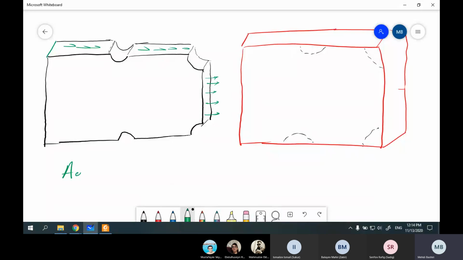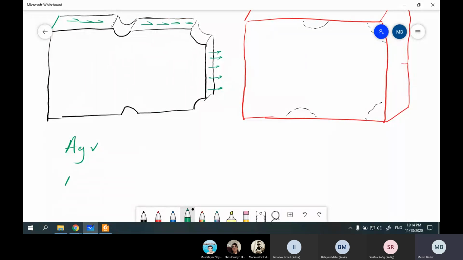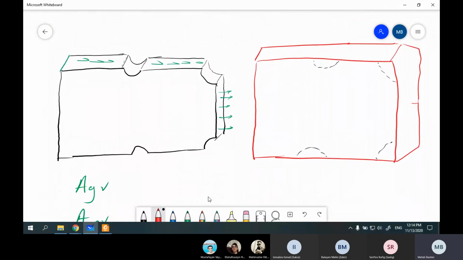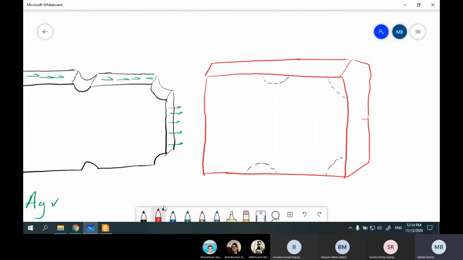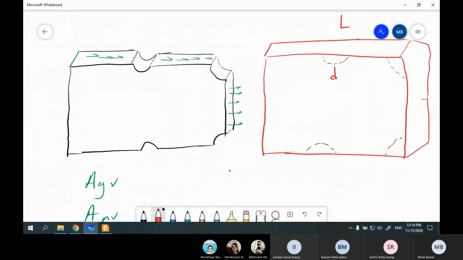We should find three areas: Agv, Anv, and Ant. Agv is gross shear area. What does it mean, gross shear area? Suppose that this length is L and this one is D. So what is Agv?